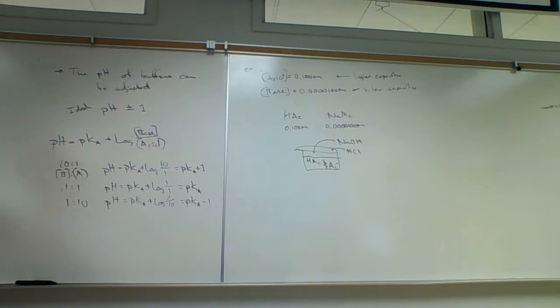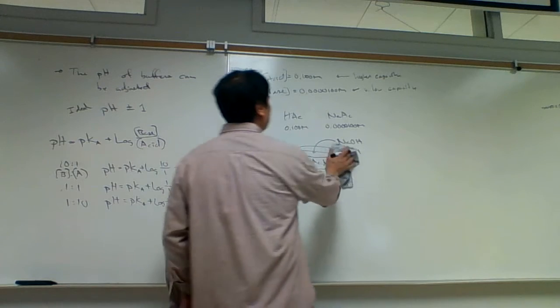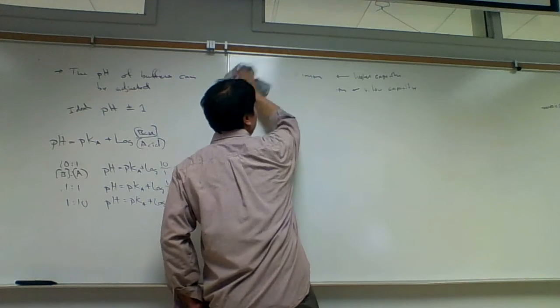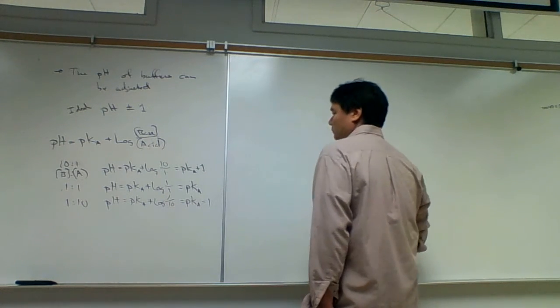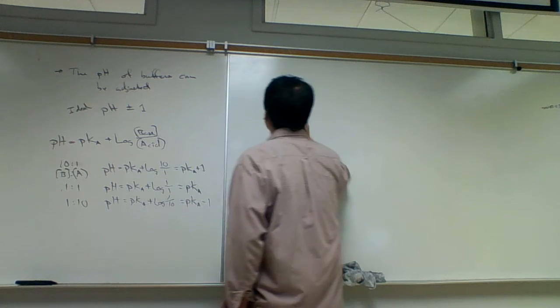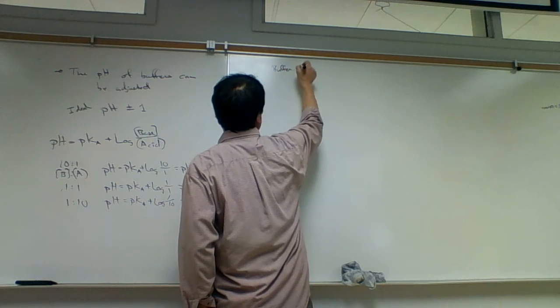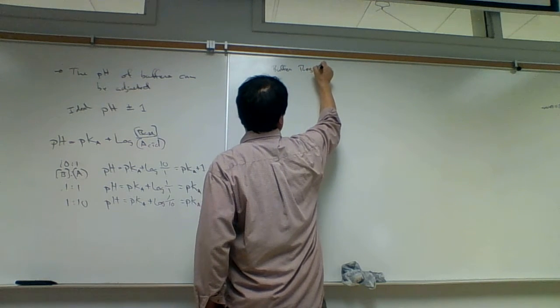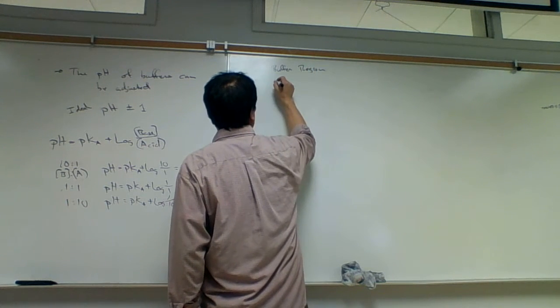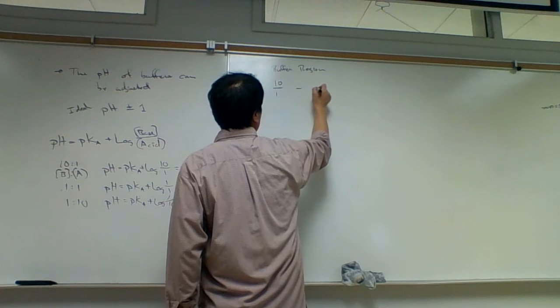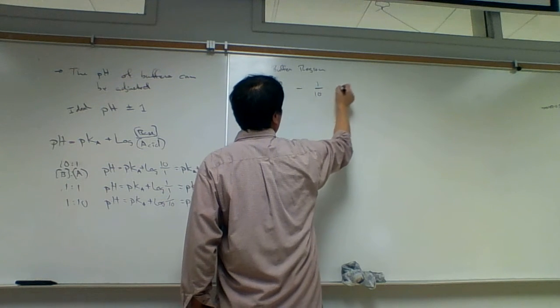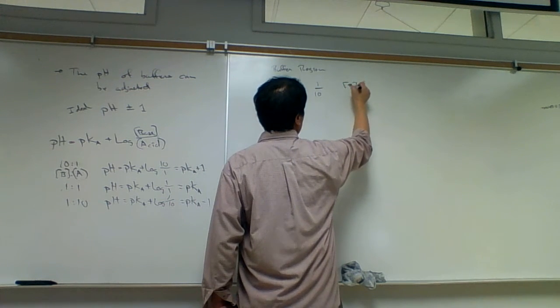And so what we're trying to do is keep it within a 10 to 1 or a 1 to 10 ratio. And so this is what we'll call the buffer region. A 10 to 1 to 1 to 10 ratio of base to acid.